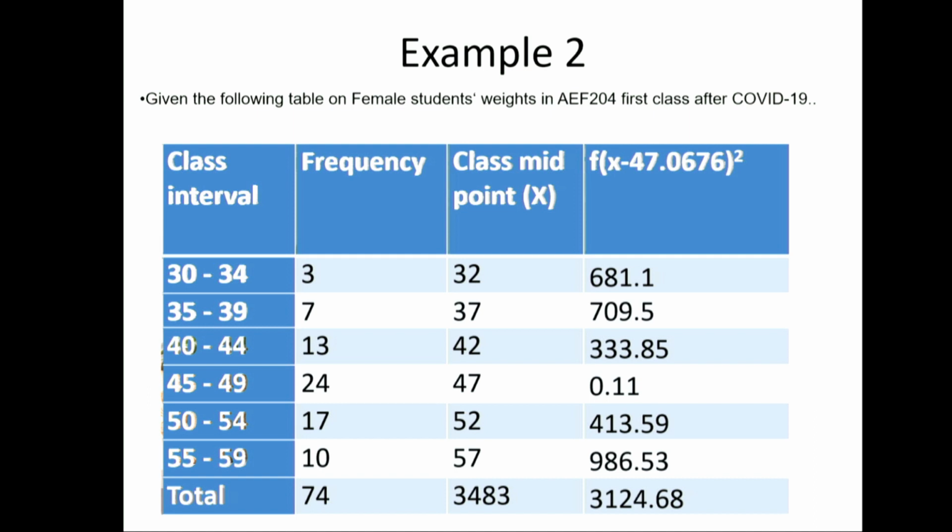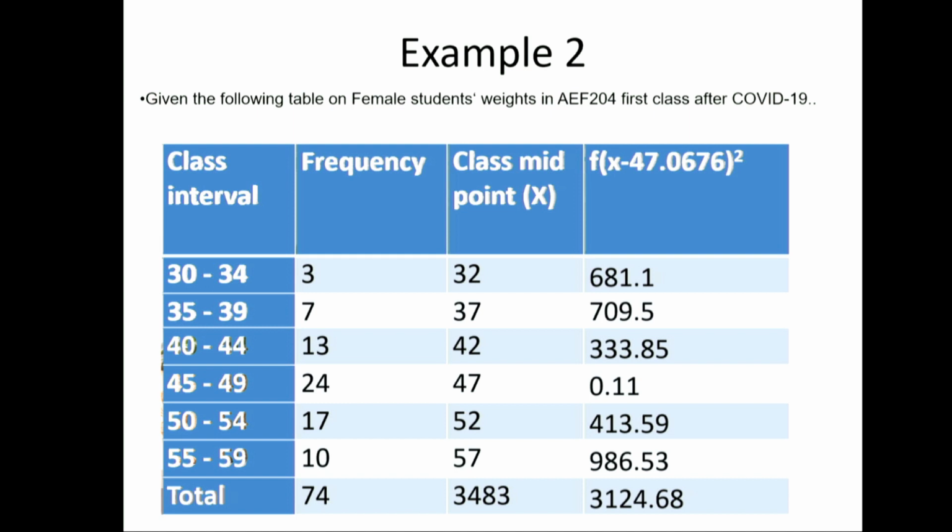Our mean is calculated as the total: you take the total of fs, divided by n. By the time we do that, we are going to have 47.0676. So f multiplied by each midpoint minus the mean, squared, you are going to have 681, 709.5, 333.85, 0.11, 413.59, and so on.